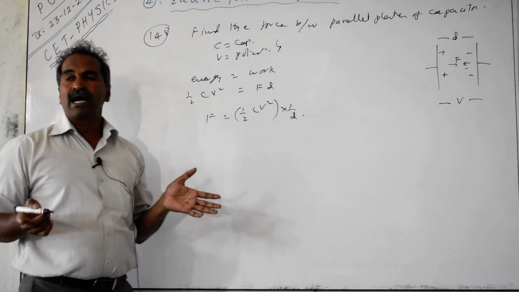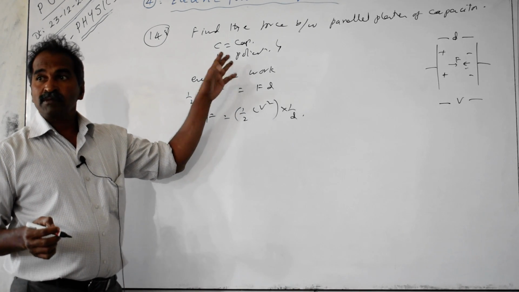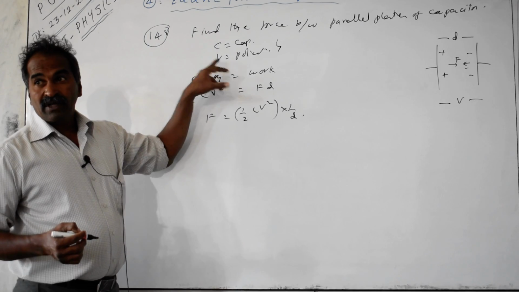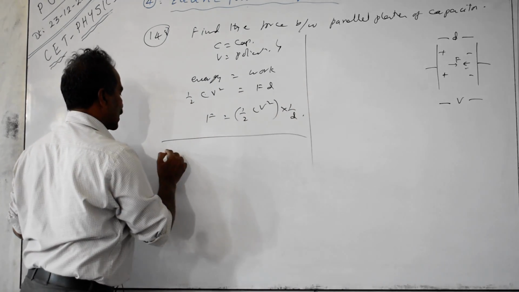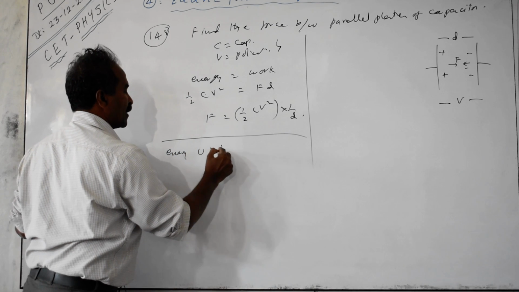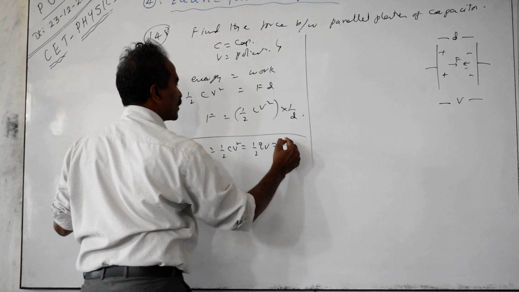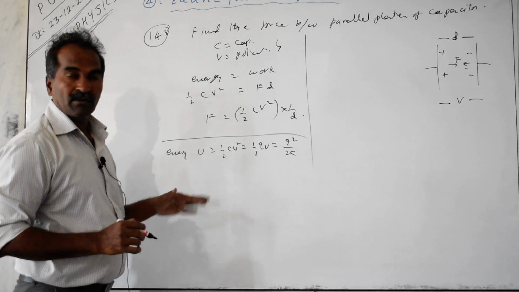But the question can be asked in different ways. Sometimes they will give epsilon A by D terms instead of C, or Q terms. If they give Q terms, we have the other formulas for energy. Energy can be half CV square, half QV, or half Q square by C. Any of the terms can be given, so based on that you have to find the answer.